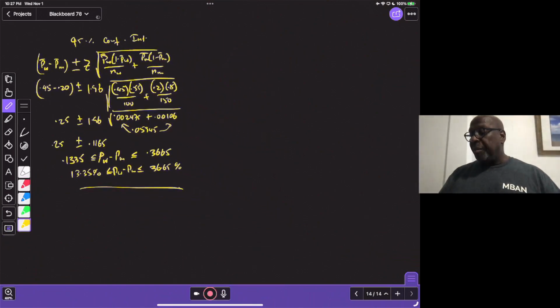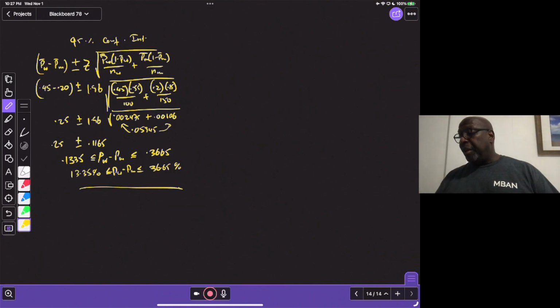We could have tested a hypothesis for whether or not there is a difference of more than 10%. This interval would actually prove that for us, but we would have had to do a test using a test statistic that looks like this if we wanted to test that the difference is more than 10%.